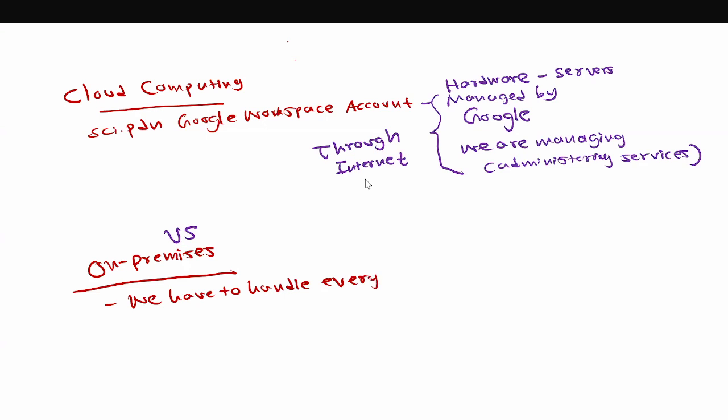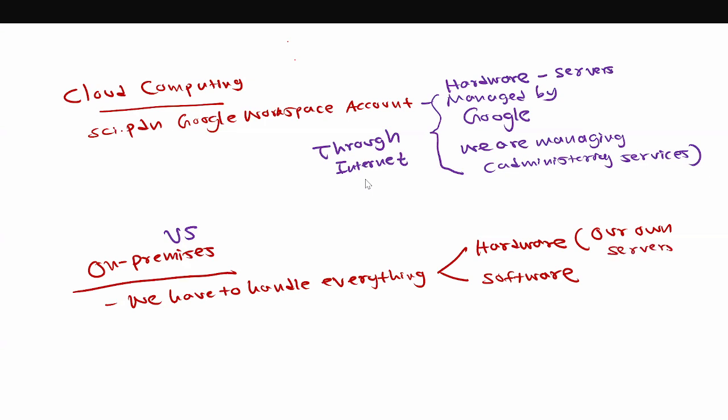So we have to have actual servers, and also email software, and storage supporting software. So it should be our own servers and software. So that is the difference.